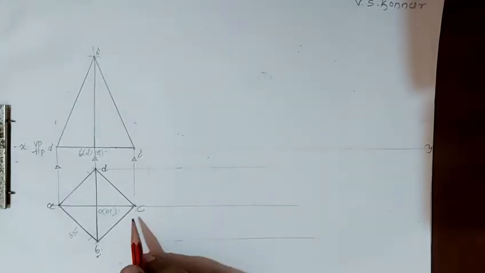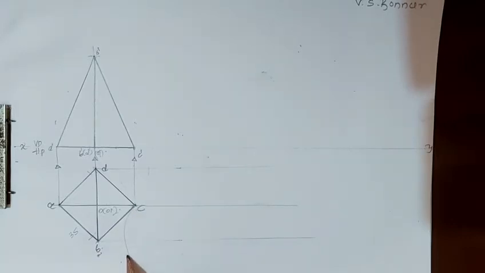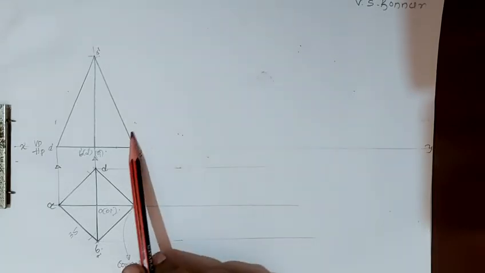Now if it is resting on a corner, corner means slant edge. This is called a slant edge.